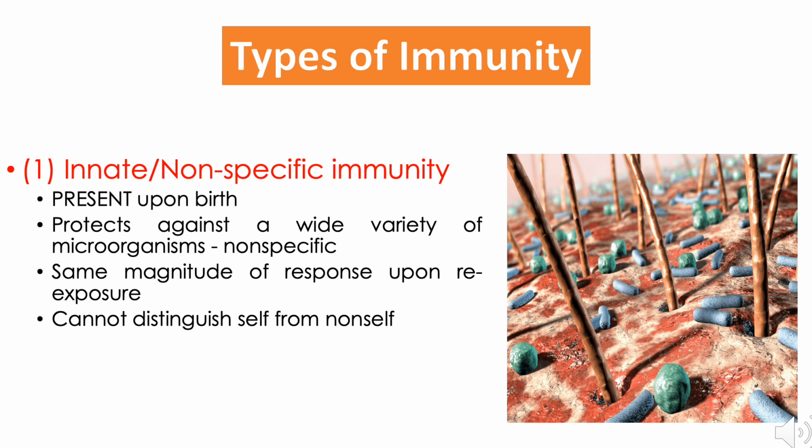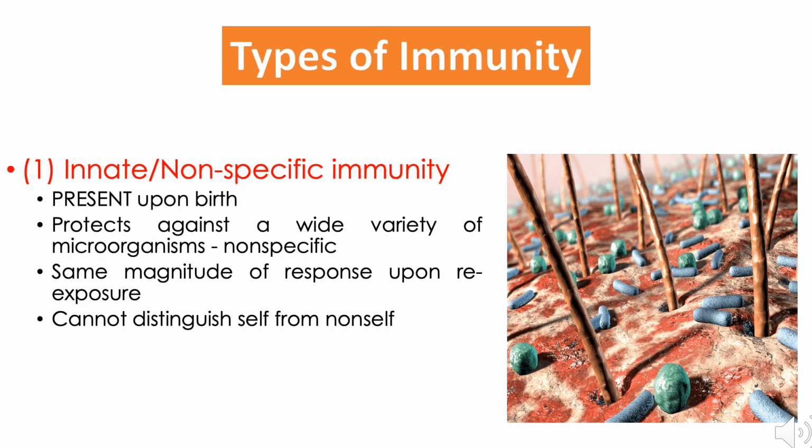The problem with innate or non-specific immunity is that whatever amount of immune response it will provide you today will be the amount of immune response that it will provide you tomorrow. Right? Every time that you are hurt, you're supposed to learn from the experience and know how to handle it the next time that you will encounter it or feel it.